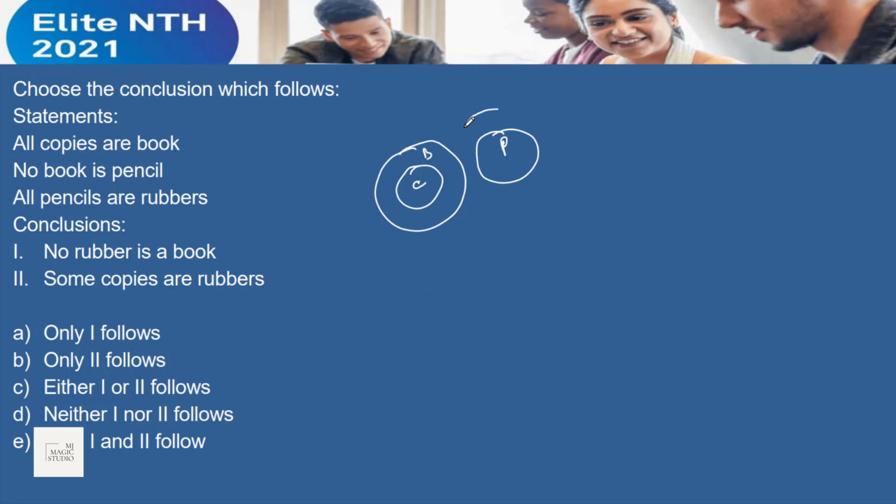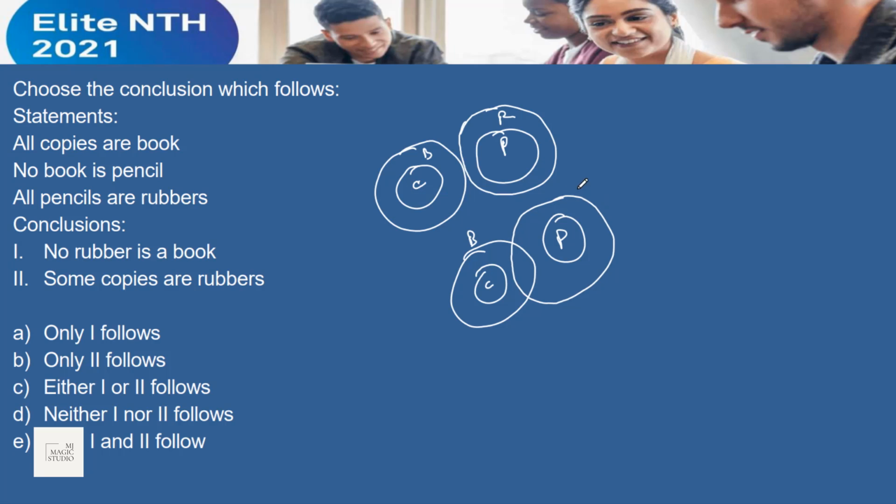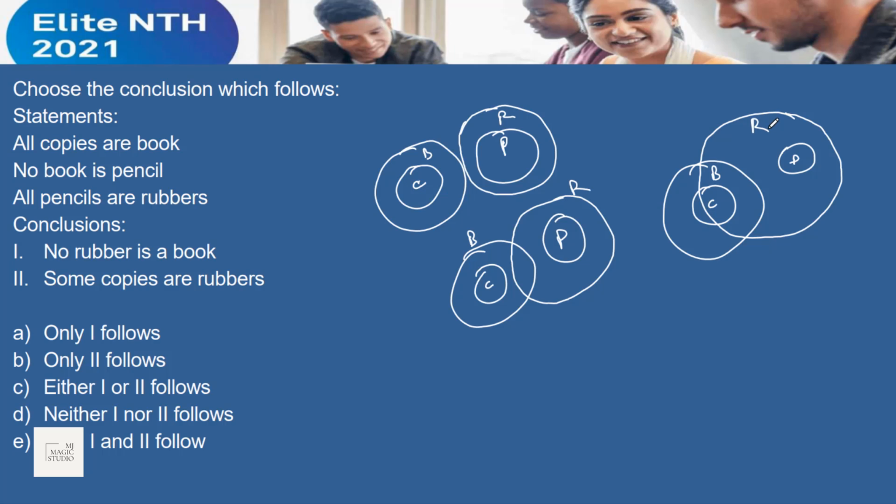So we can have a Venn diagram like this: copy, book, pencil. We can have a Venn diagram like this for rubber, because no information is given related to rubber, book and copies.